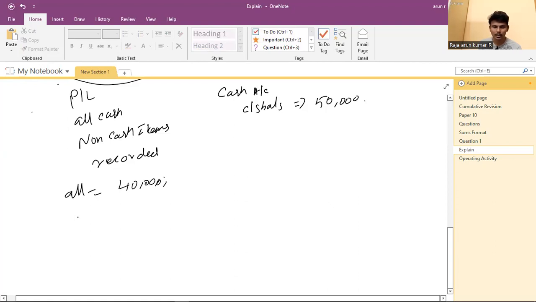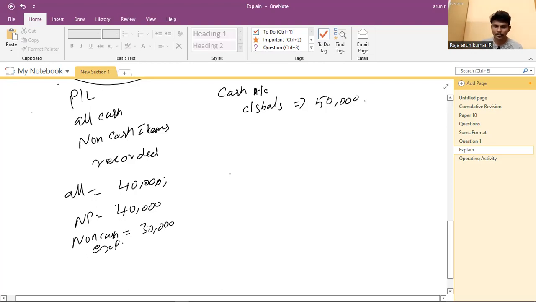Then they give net profit as 10,000. You keep 40,000. They give non-cash items in the expenses column. The non-cash item expenses, you assume that they give us 30,000. You just add the non-cash items, all the cash items, and net profit is the 40,000. Like that they given.